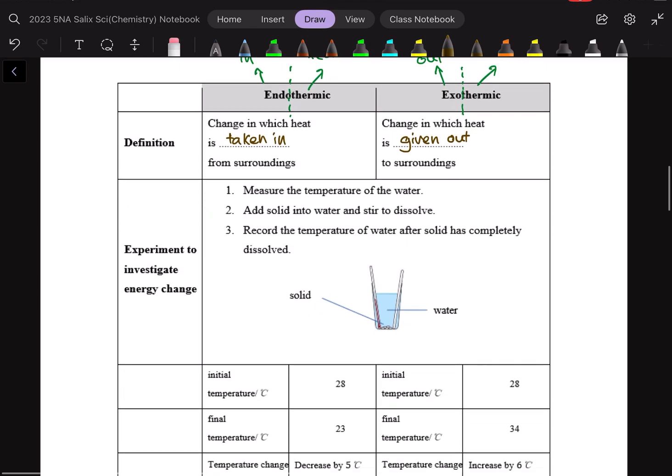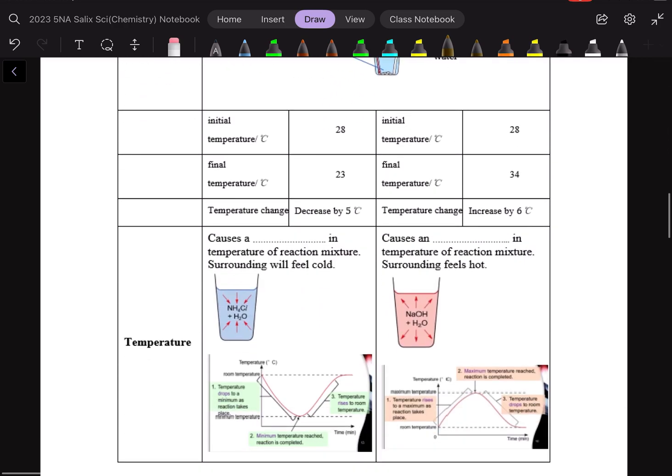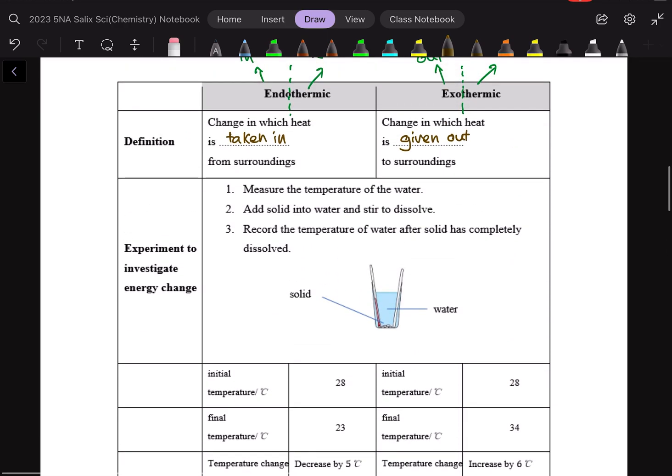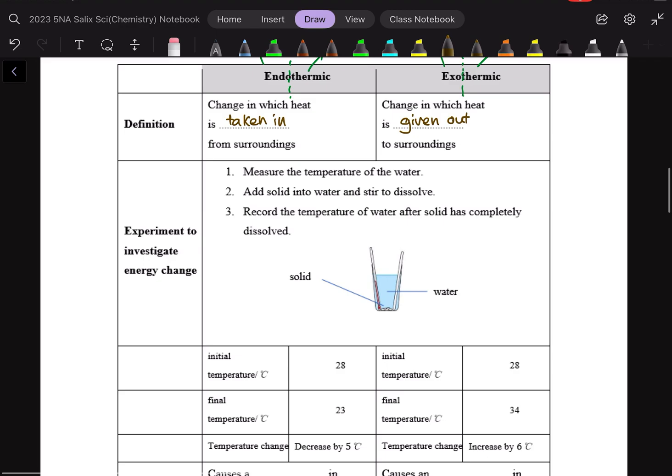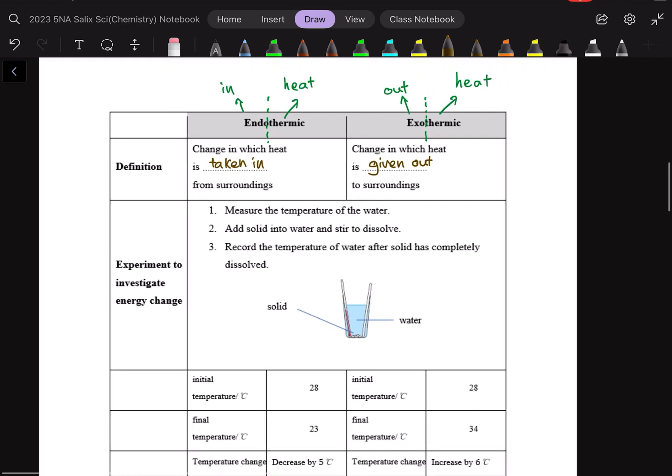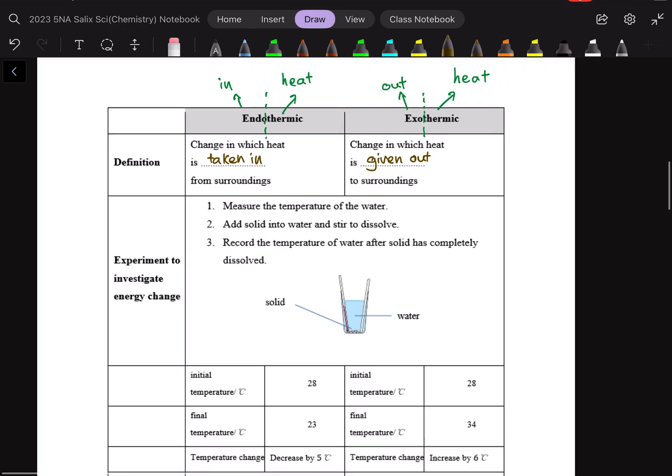So in terms of what you see for the temperature, normally experiments for energy changes are quite basic. Let's say you measure temperature, of course using a thermometer. Then you add the solid in, and then you record the temperature of the water after the solid has completely dissolved.